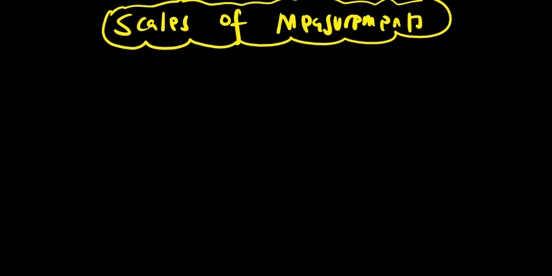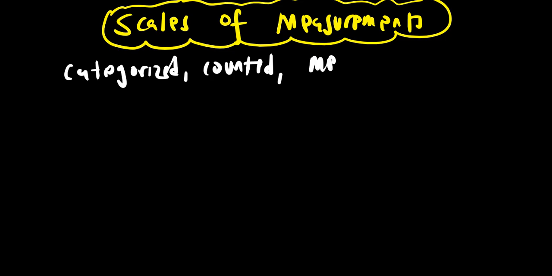Variables can also be classified by how they are categorized, how they are counted, or how they are measured. This is what we call scales of measurements.